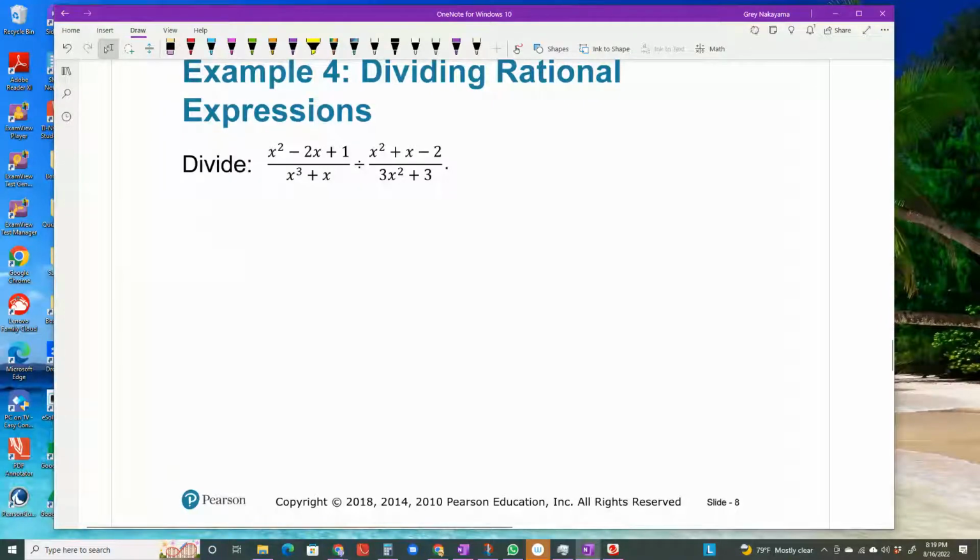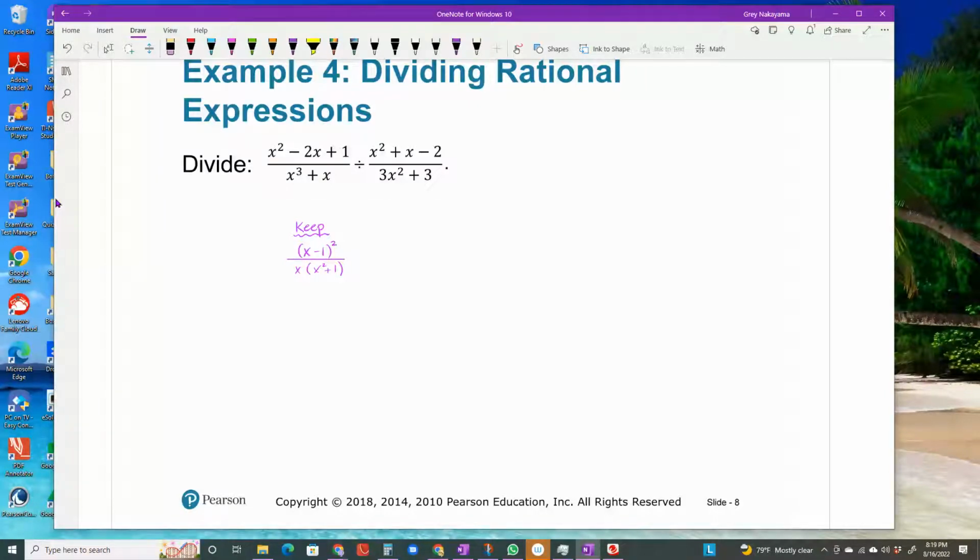Okay, so I am dividing two rational expressions. I'm going to factor when I go to the next step, but I'm going to keep the first fraction. So when I keep that first one, when I go to that next step, I'm going to factor it. X squared minus 2x plus 1 becomes x minus 1 quantity squared. On the bottom, I have x times x squared plus 1.